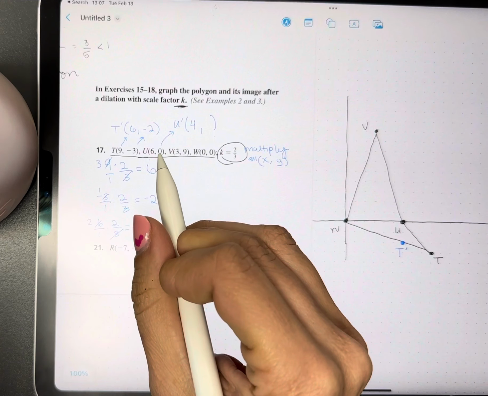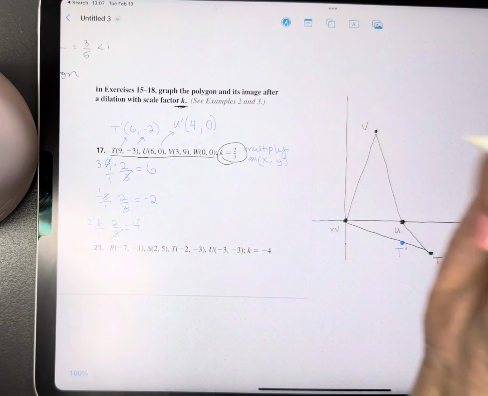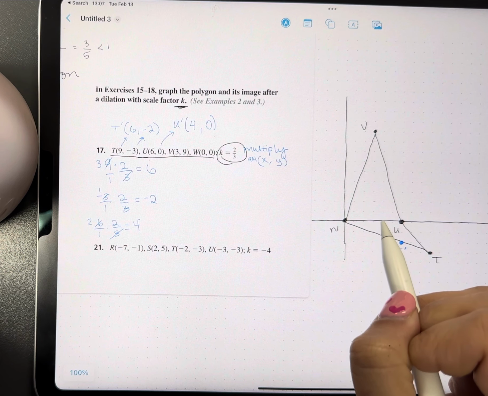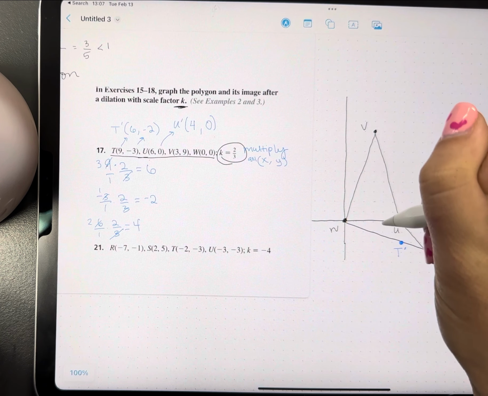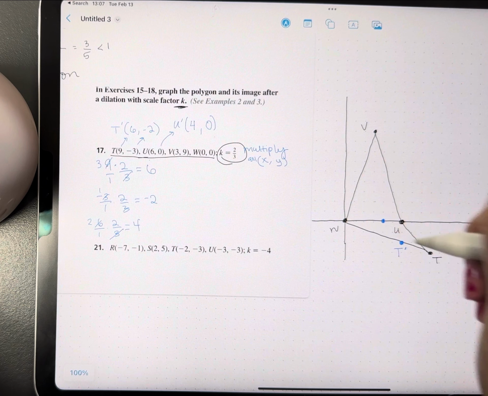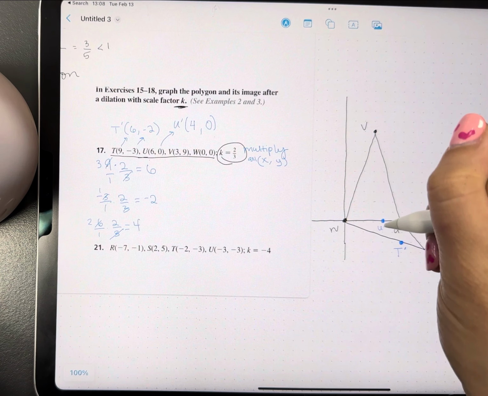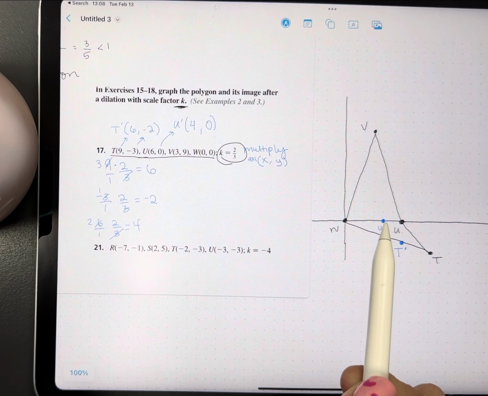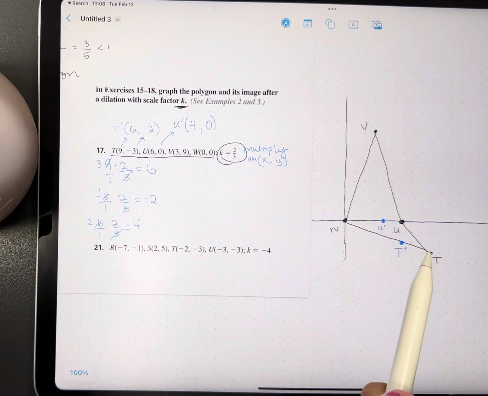And then 0 times 2/3 is 0, because 0 times anything is 0. So 1, 2, 3, 4, 0. This is our U prime. So you can kind of see how they're all kind of shrinking, reducing towards the origin.